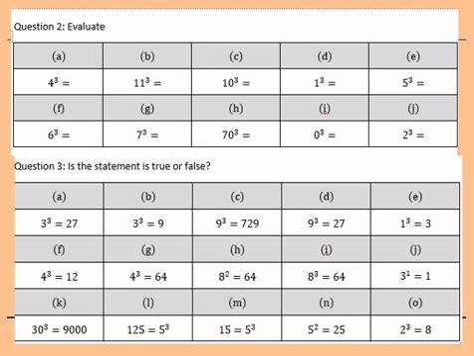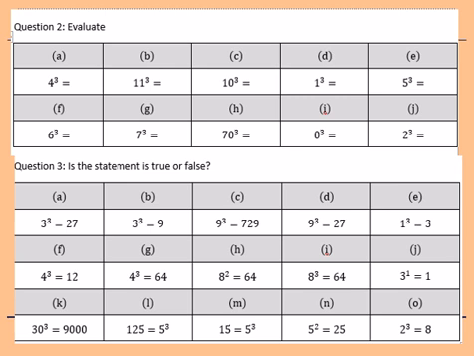Okay, so here we have question 2 and 3. Question 2, you'll be evaluating, so that is another word for calculating. So for question 2A, 4 to the power of 3, write it out, so it's 4 times 4 times 4, and then tell me what that equals.